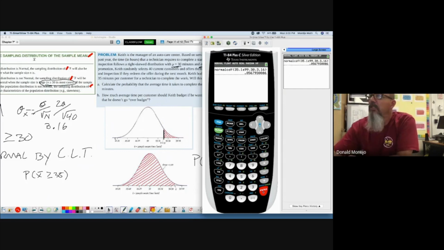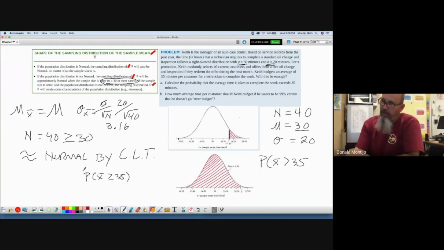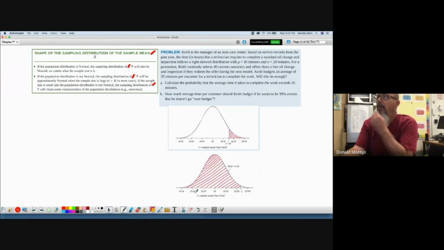Now, let's look at question B to finish this idea up. All right, let me clear out of here. How much average time per customer should Keith budget if he wants to be 99% certain that he doesn't go over budget?